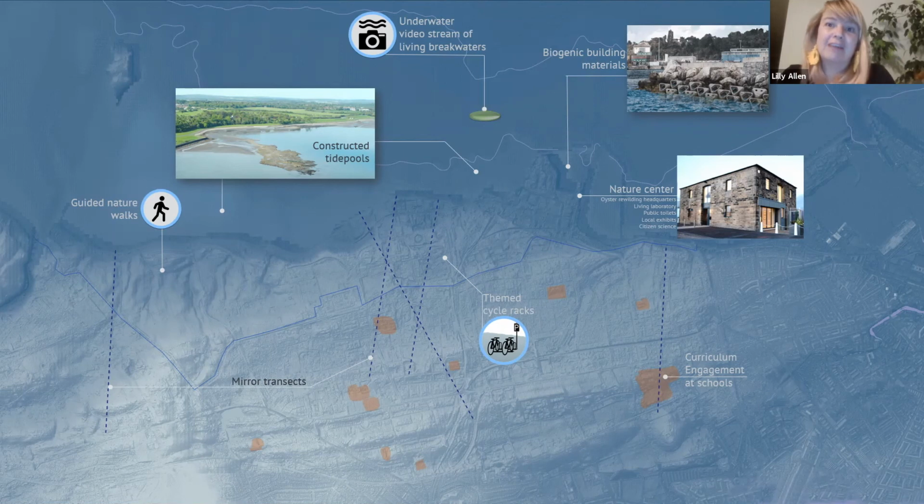So you can have oyster-esque and other shellfish-specific nooks, so they have a really easy time hooking onto it and settling in, which is great and needed and improves the biodiversity there. And then nature walks, I think that's all pretty straightforward.